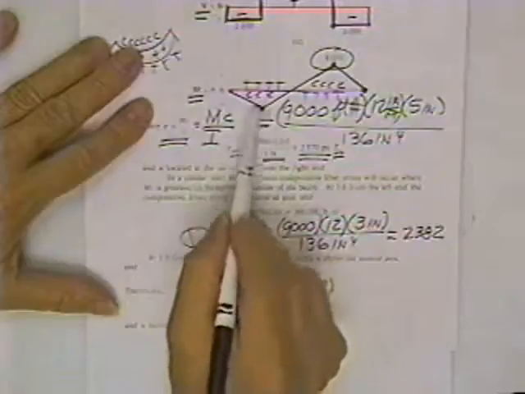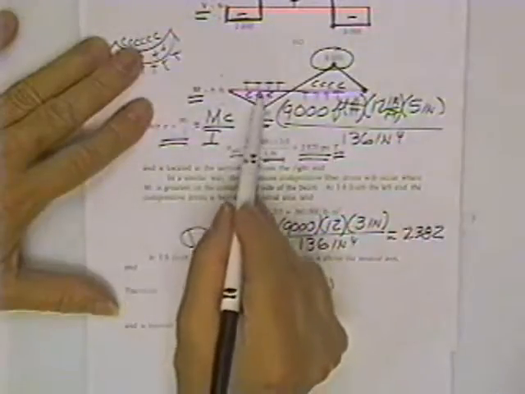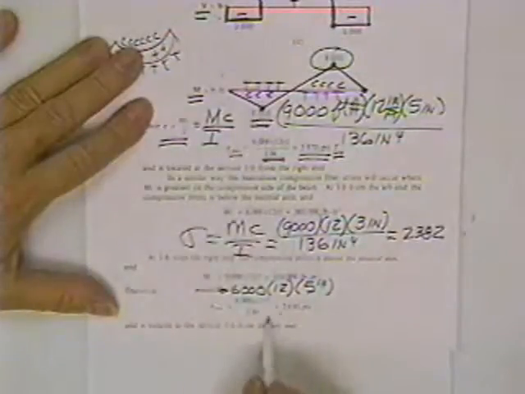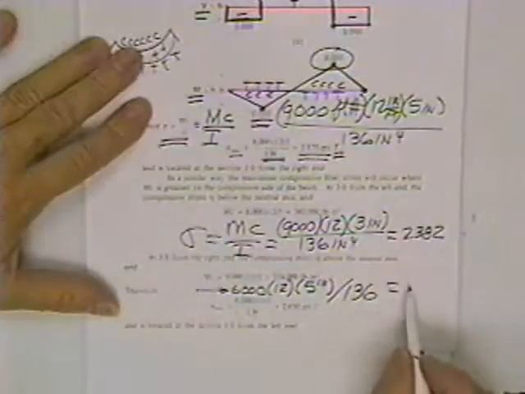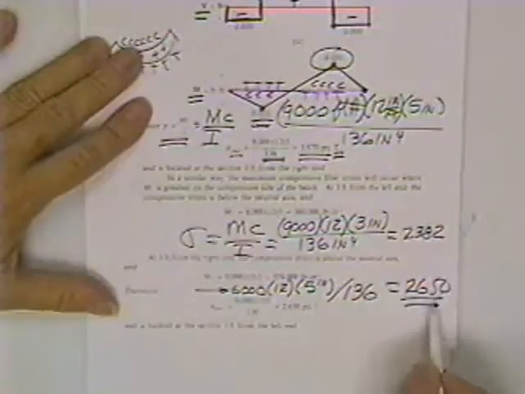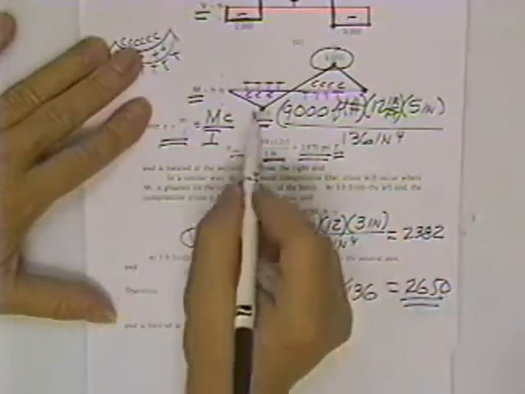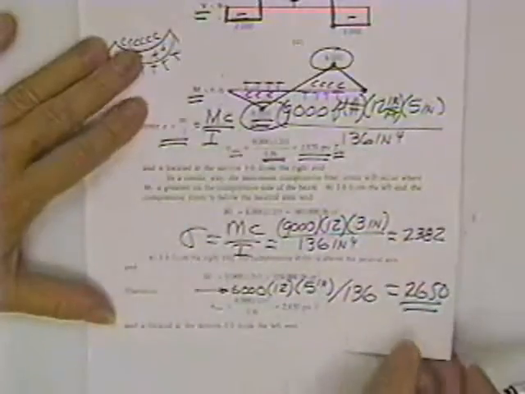The reason being is in this region, the compression fibers are on the bottom, so he gets to go 5 inches from the neutral axis to the bottom fiber, divided by the moment of inertia, 136, and now he gets 2650. And this is the winner for the compressive stress, even though it is at a place that doesn't at first appear likely to have maximum stresses because we don't have the biggest moment there. Very tricky.